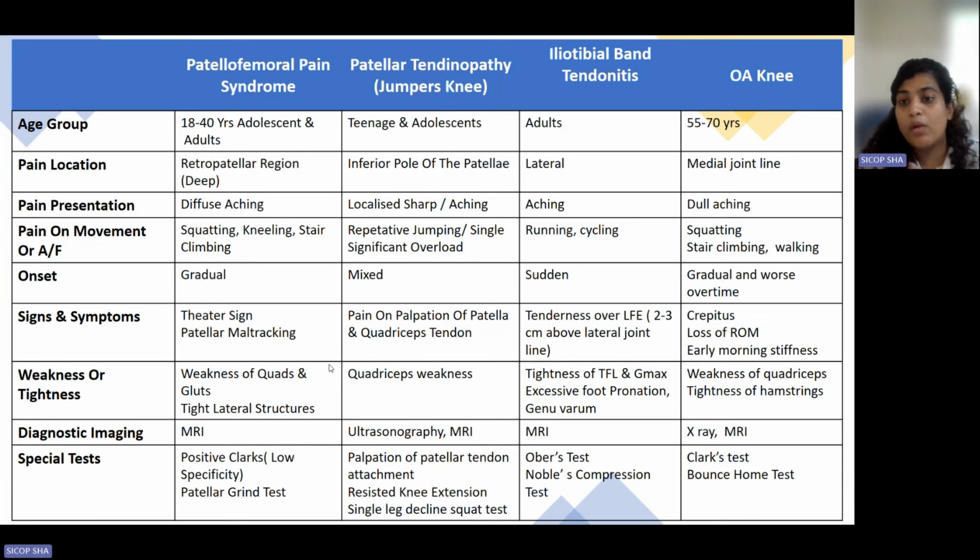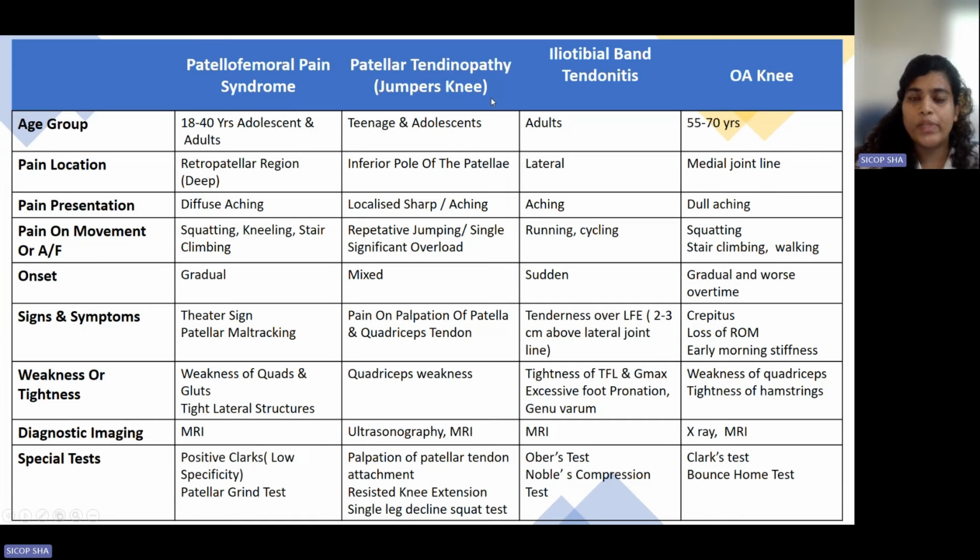We can see patellar maltracking in these patients because of the tightness of the lateral structures of the knee and weakness of quadriceps, specifically VMO and glutes. The gold standard diagnostic imaging for PFPS is MRI. In this patient, Clarke's sign is positive and patellar grind test is positive, right?